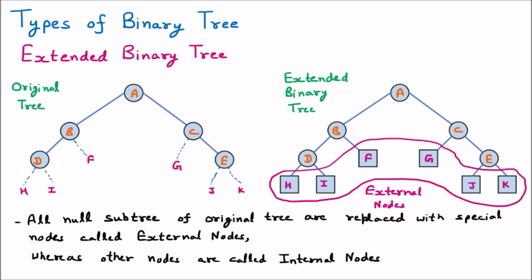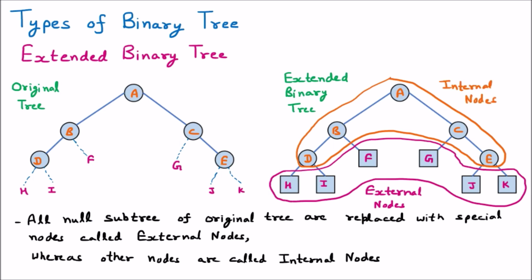And the other remaining nodes, which were of the original tree, are all called the internal nodes. So simply, for the extended binary tree, the original tree's null subtrees are replaced with special nodes called external nodes, and the other remaining nodes are called internal nodes. So that is all about the types of binary tree.